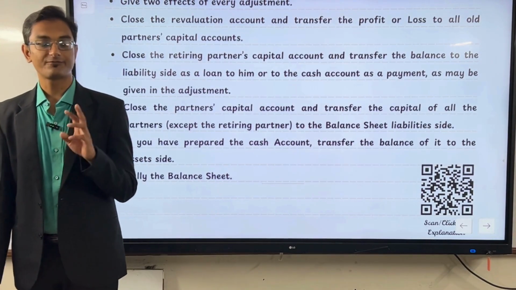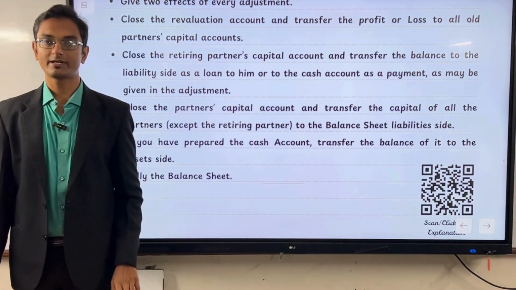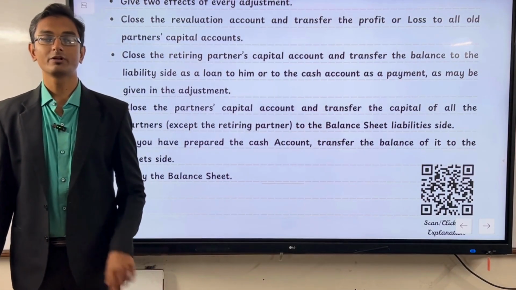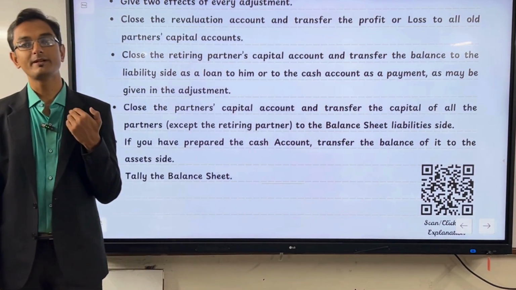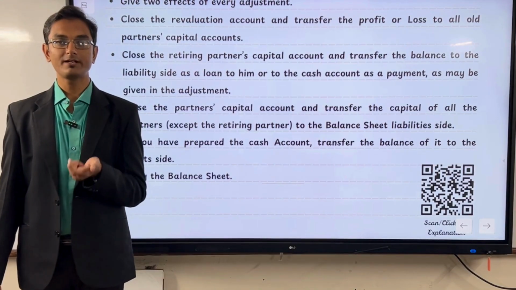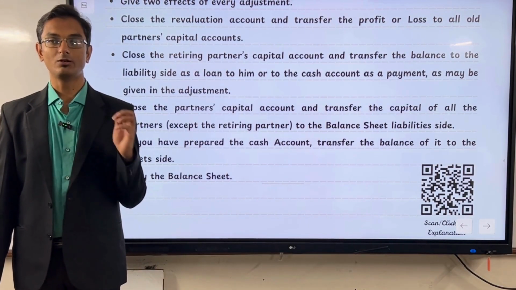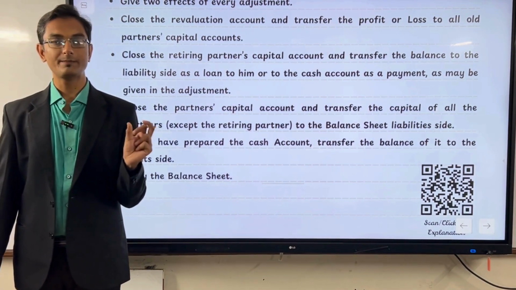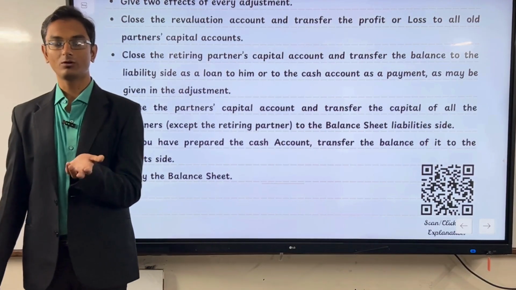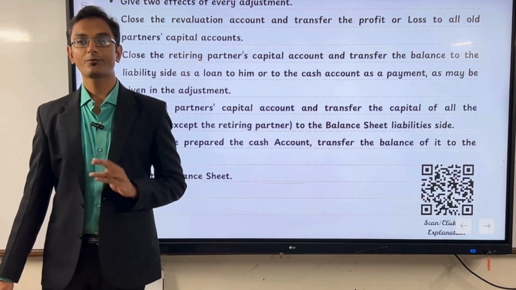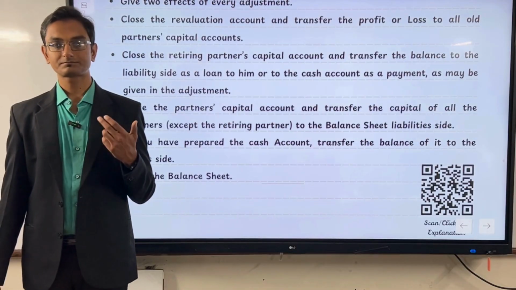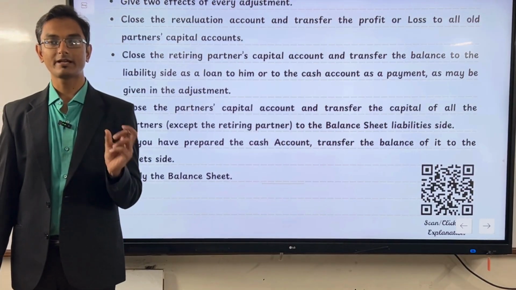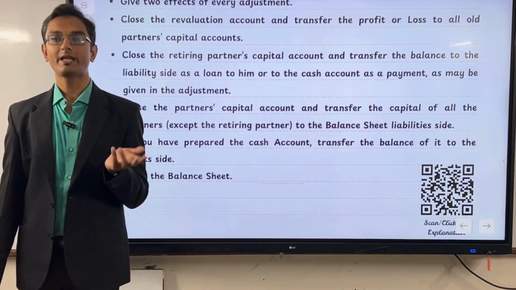First of all, out of all three partners, we have to close the retiring partner's account first. On closing it, you will have been given an adjustment about how much amount is to be paid to the retiring partner in cash. If no adjustment is given, then whatever the closing balance of the retiring partner is, we keep as his loan, and that loan will be transferred to the liability side, where we write the partner's name as a loan. If the question says this much is to be transferred as loan and this much as cash, then that cash will be paid from the cash balance and the remaining balance will be kept as a loan, right?